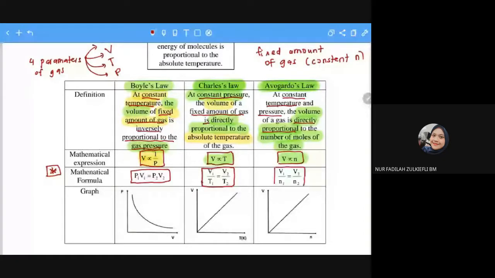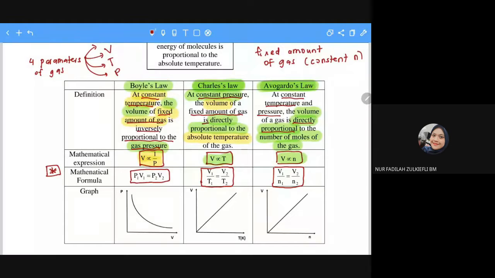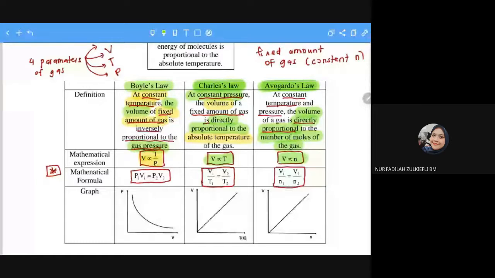Teacher just jump into, okay, from the mathematical expression, kita akan rearrange sebab kalau calculation kita tak nak simbol directly proportionality ni, kita kena tukar proportionality simbol kepada simbol equivalent tu. Itu masuk mathematical formula ataupun mathematical equation.